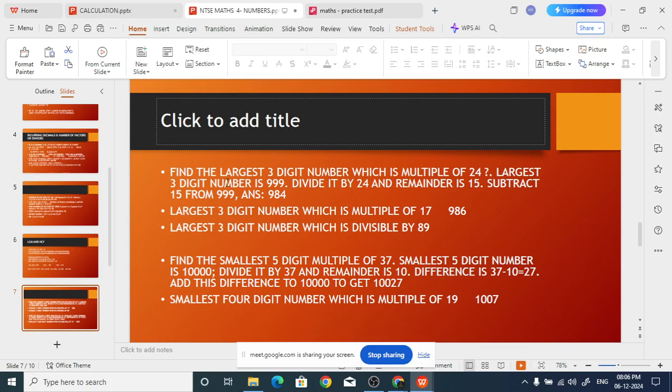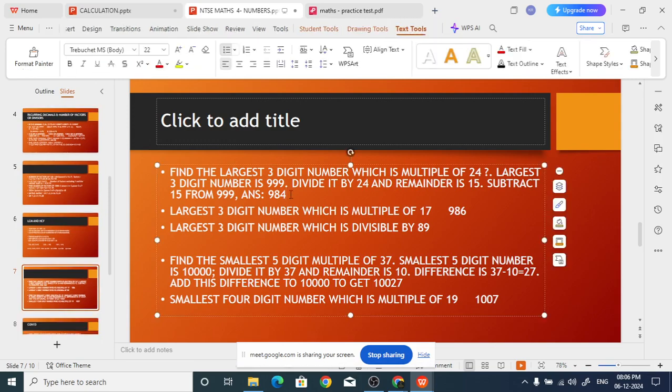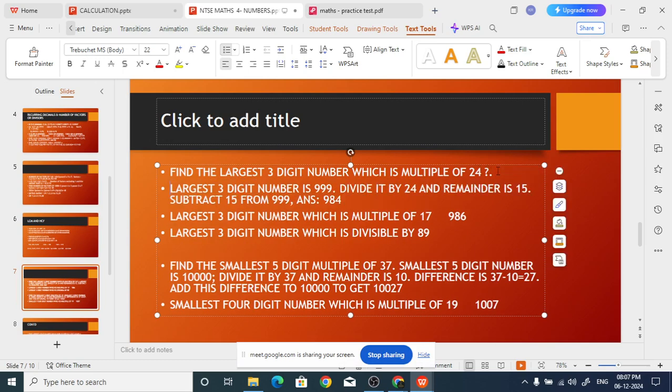I think you are getting confused. Are you getting confused? No, sir. See here, the question is to find the largest three-digit number which is a multiple of 24. We know the largest three-digit number is 999.